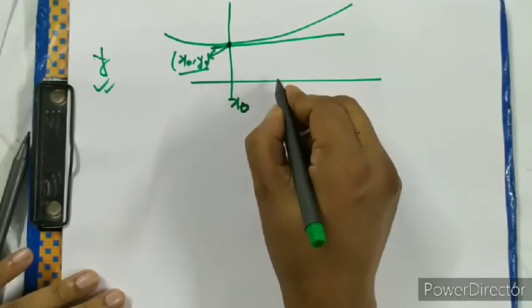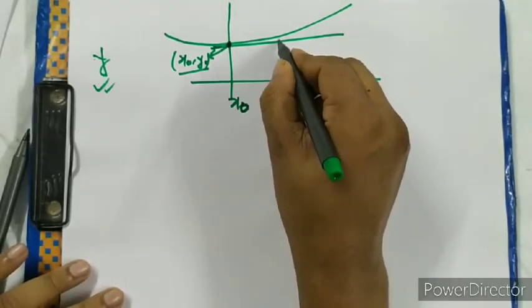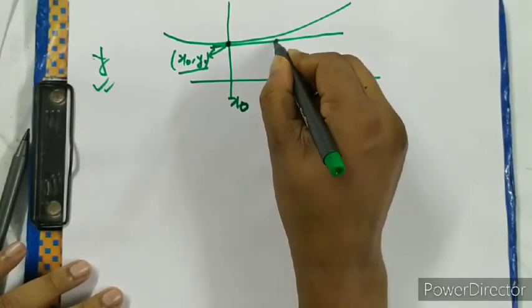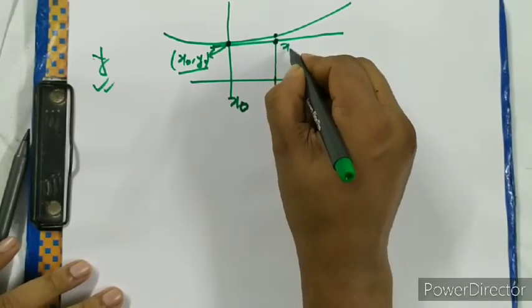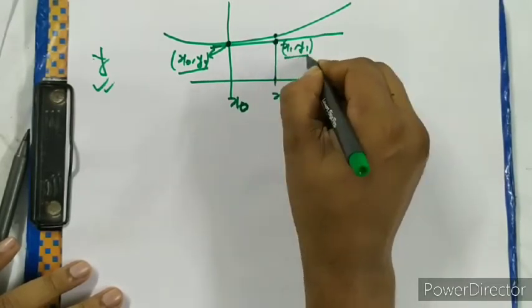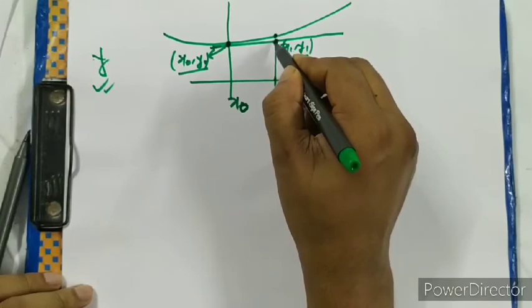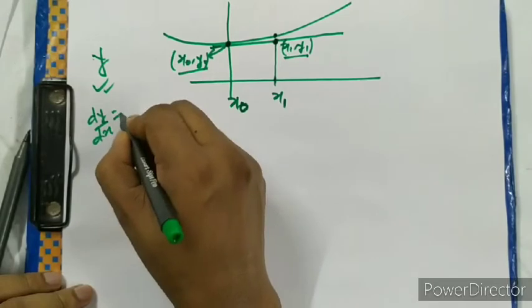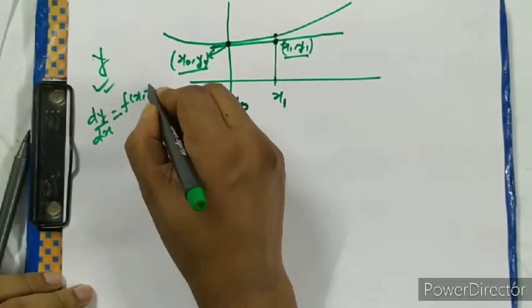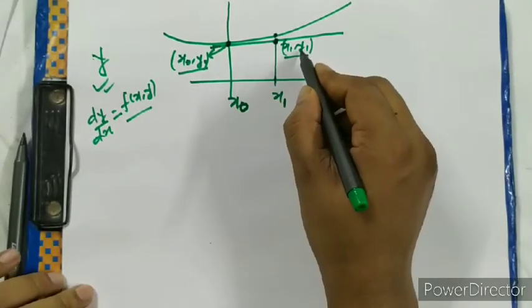After that we can assume some point x1 here, and we can again draw a line through this. So this is the approximate value. There is some error from this to this. Again we know this, what is this, (x1, y1). Also from y1 we can draw a tangent, because dy/dx at any point (x,y) is equal to f(x,y). So we can draw a tangent at the point (x1, y1).